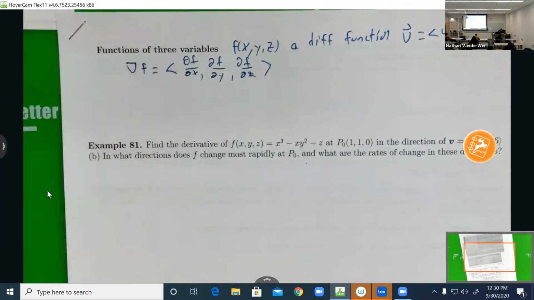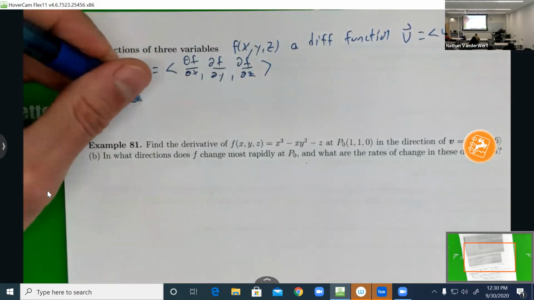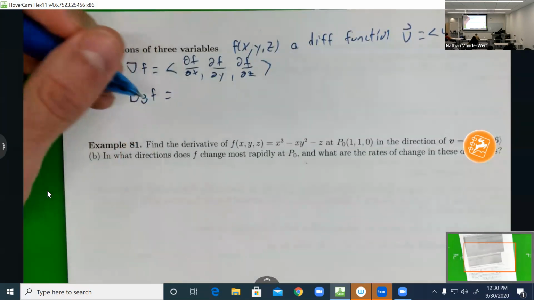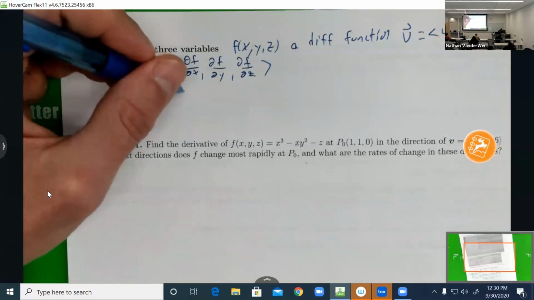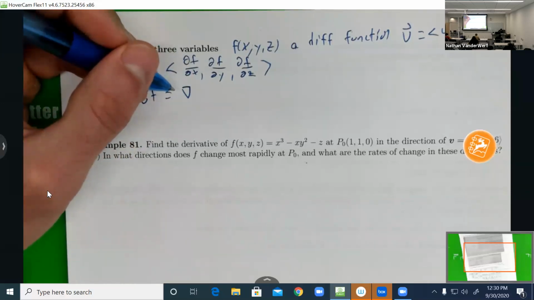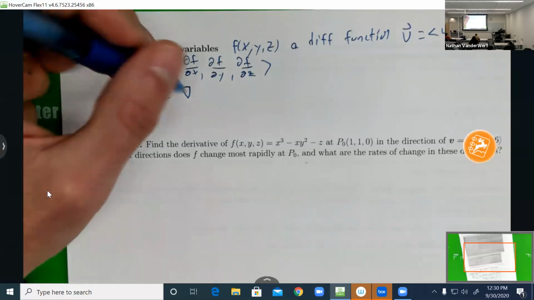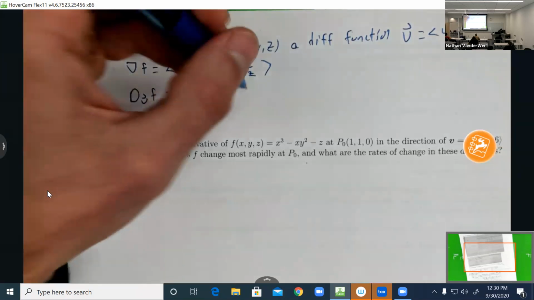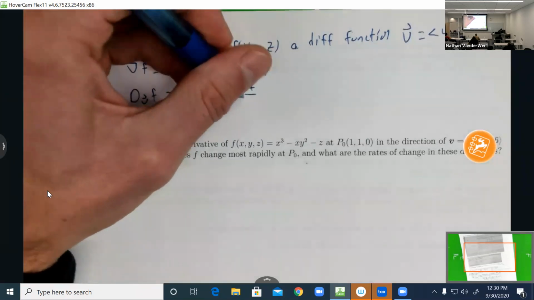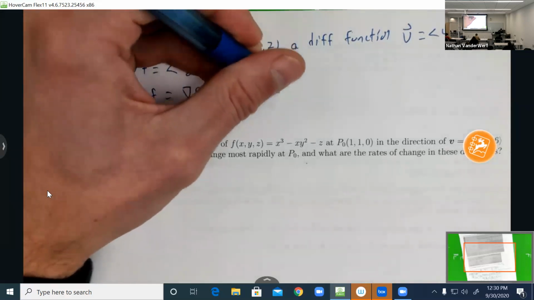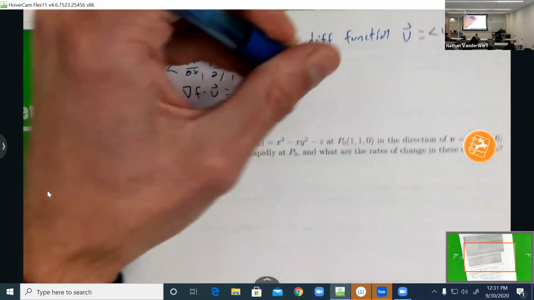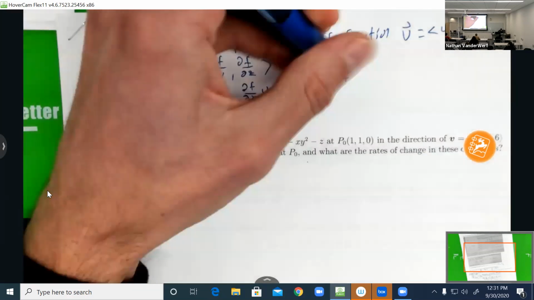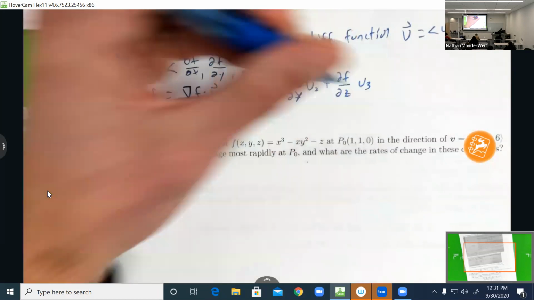And again, the derivative in the direction of u, d u f, is going to be the gradient of f dot u. So this is going to be partial f over partial x u1 plus partial f over partial y u2 plus partial f over partial z u3.